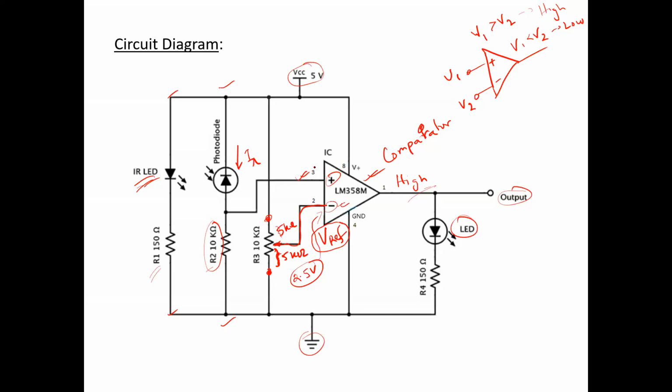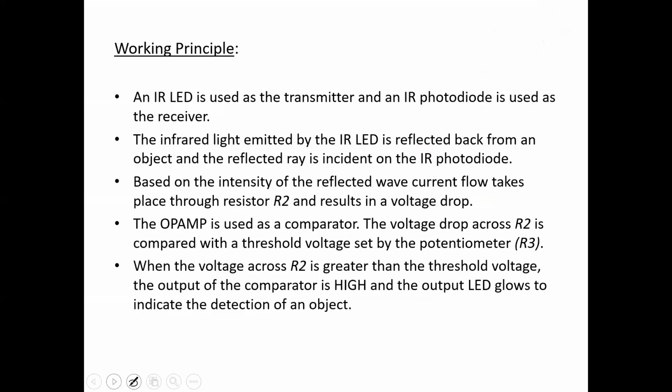As a result, the voltage at the non-inverting terminal will be less than the reference voltage, and a low signal will be provided, which would mean that there is no nearby object. So this was one example of how the photodiode and the LED can be incorporated together to form a proximity sensor.